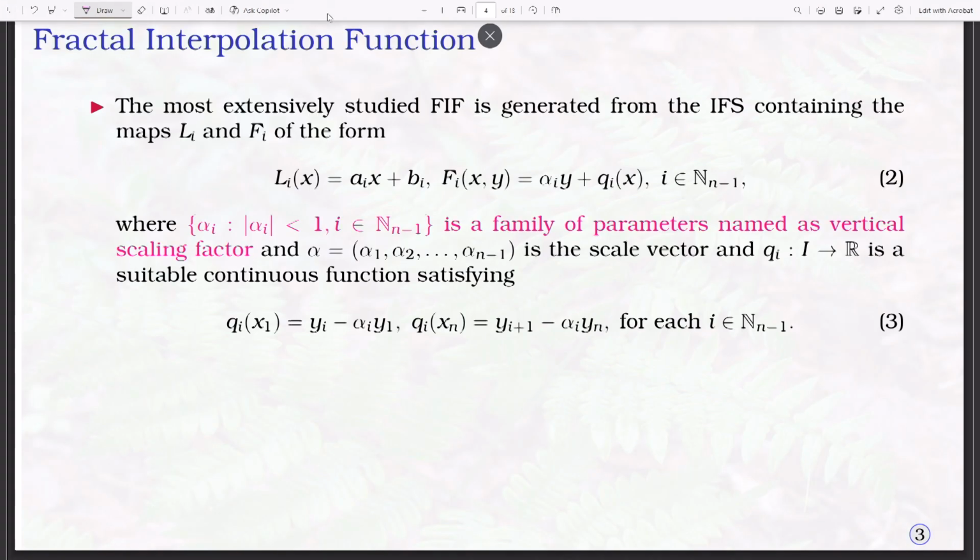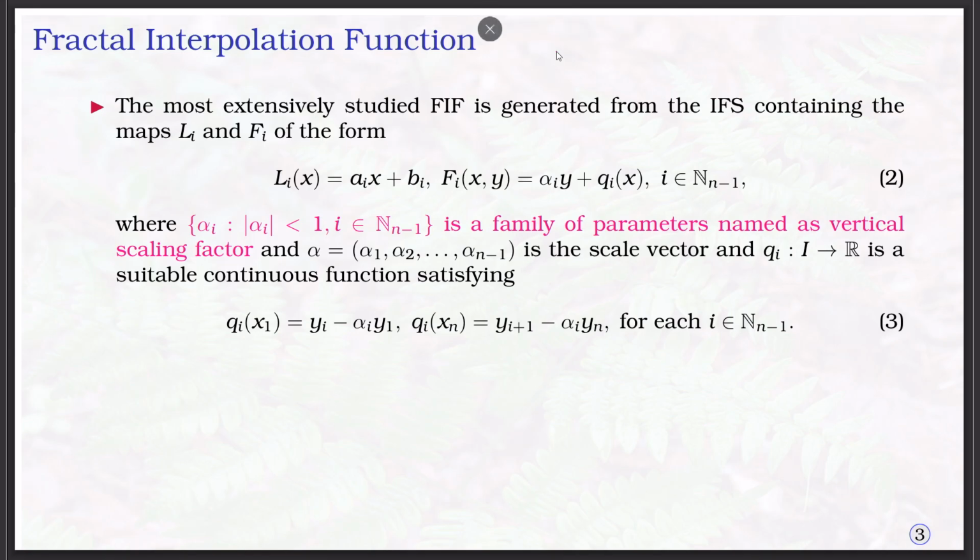Now, that iterated function system X with this wi, where wi consists of Li and Fi. As we discussed, Li is in the form Li of x equals ai x plus bi, where this ai compresses the whole interval to the subinterval, and this bi shifts the interval to the right so that the endpoints will match.